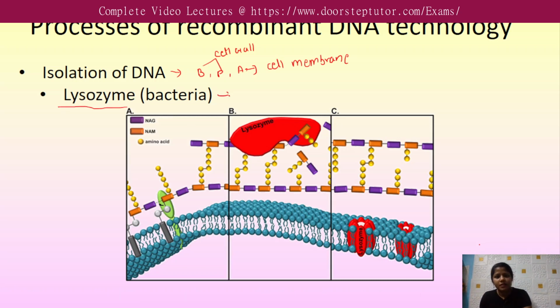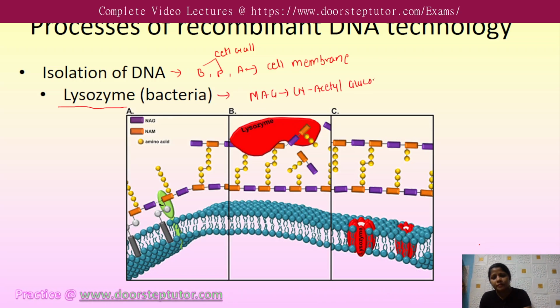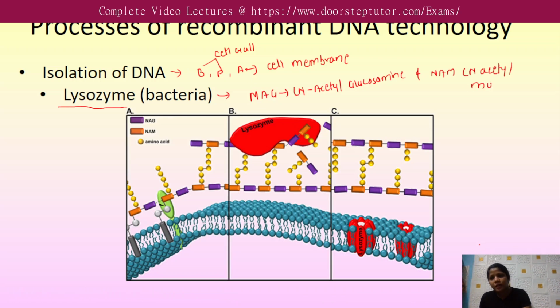It hydrolyzes the bond between NAG, that is N-acetylglucosamine, and NAM, which stands for N-acetylmuramic acid.